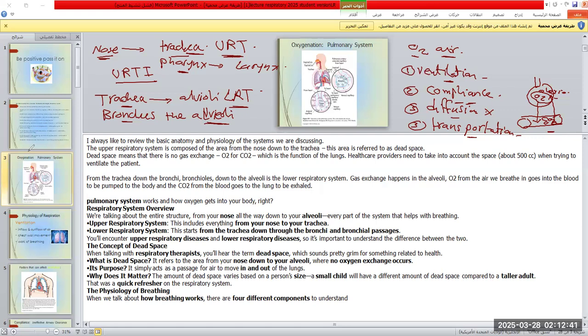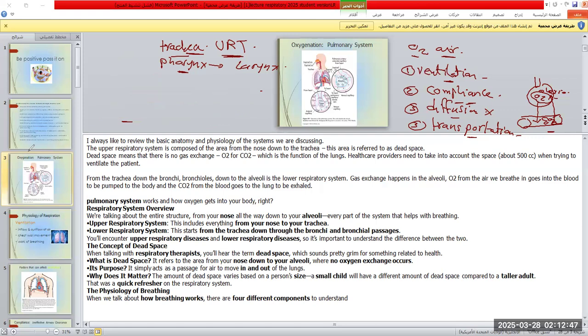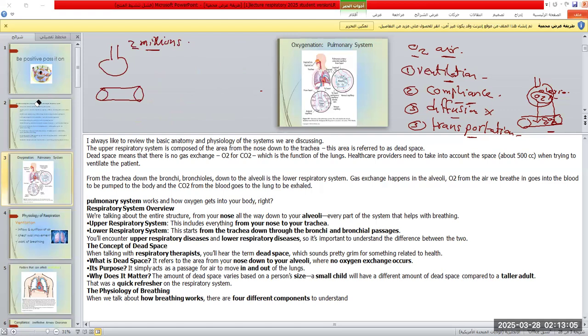So if we draw here, this is our alveoli. We have more than 2 million alveoli in our two lungs. And this is our blood vessels. Oxygen will travel to the blood, then be picked up by hemoglobin.